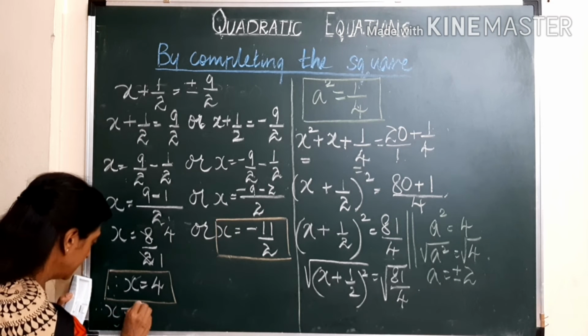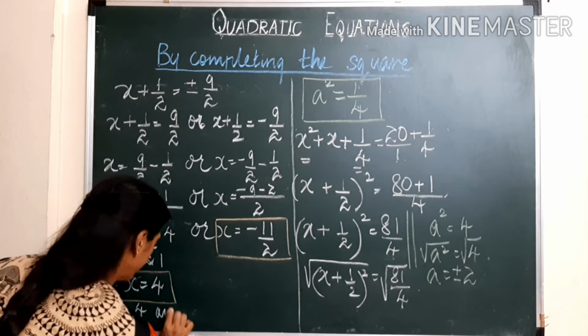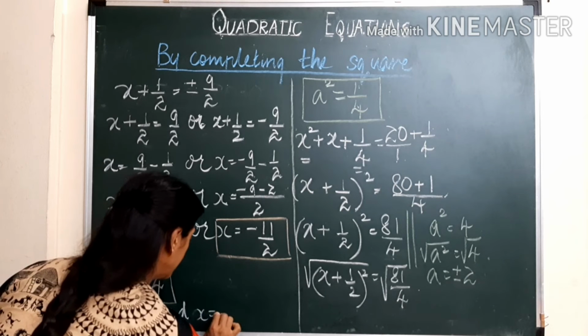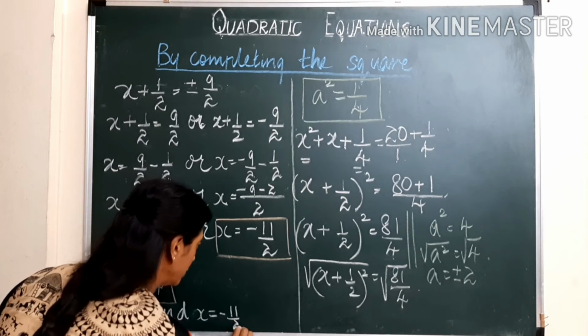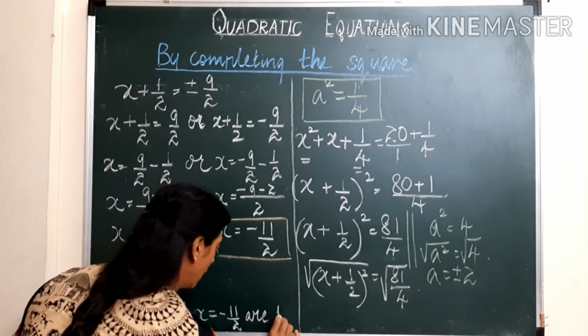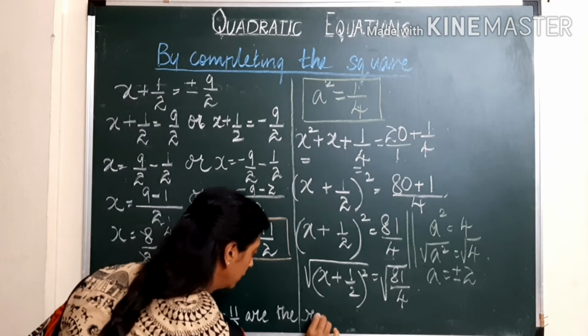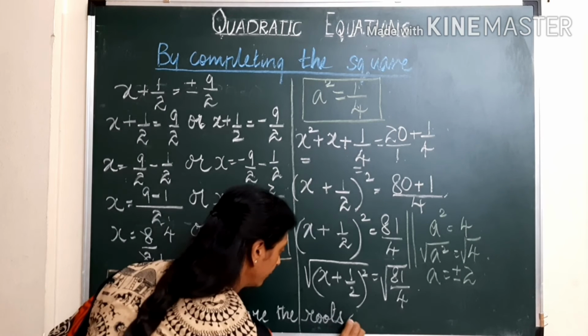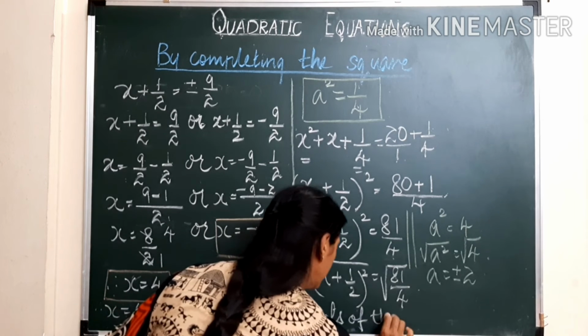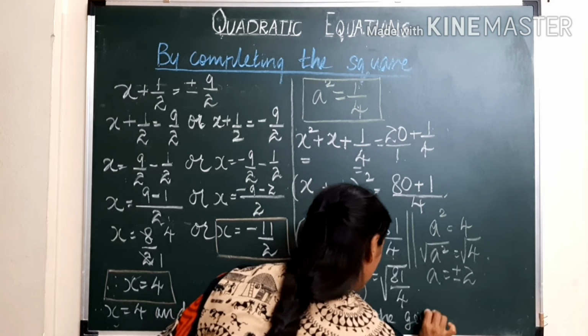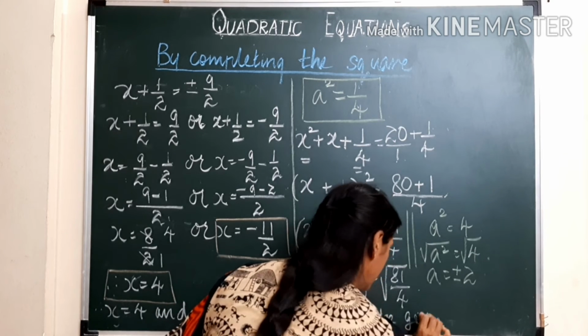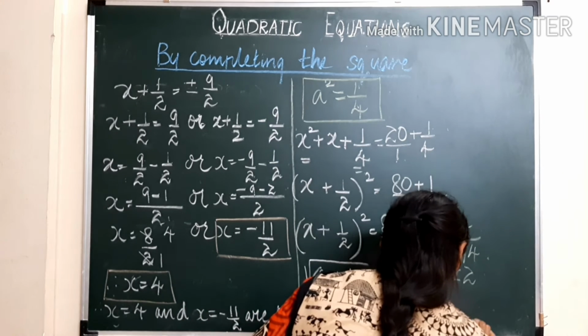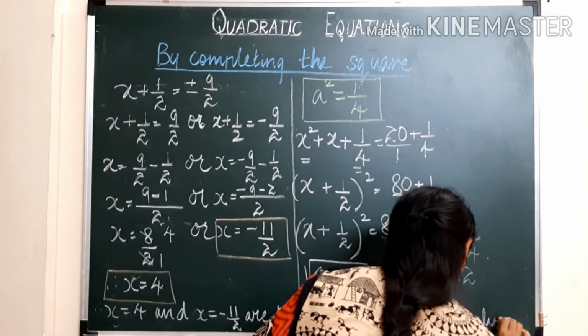Therefore, x is equal to 4, x is equal to minus 11 upon 2 are the roots of the given equation.